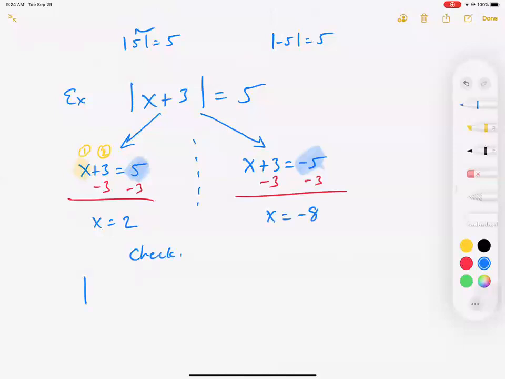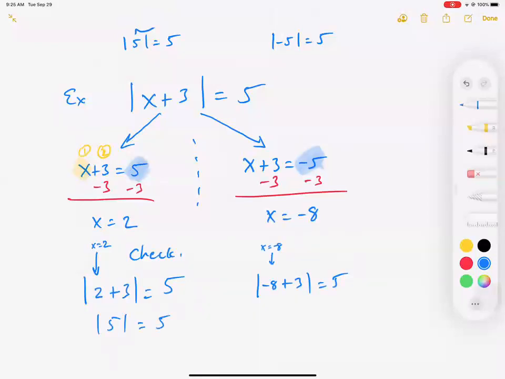Absolute value of, we're going to plug in 2. x equals 2, right? So it's going to be 2 plus 3. Does that equal 5? On the right, we have x is now negative 8, and then we're going to plus 3. Does this equal 5? Well, absolute value of 5 is 5.